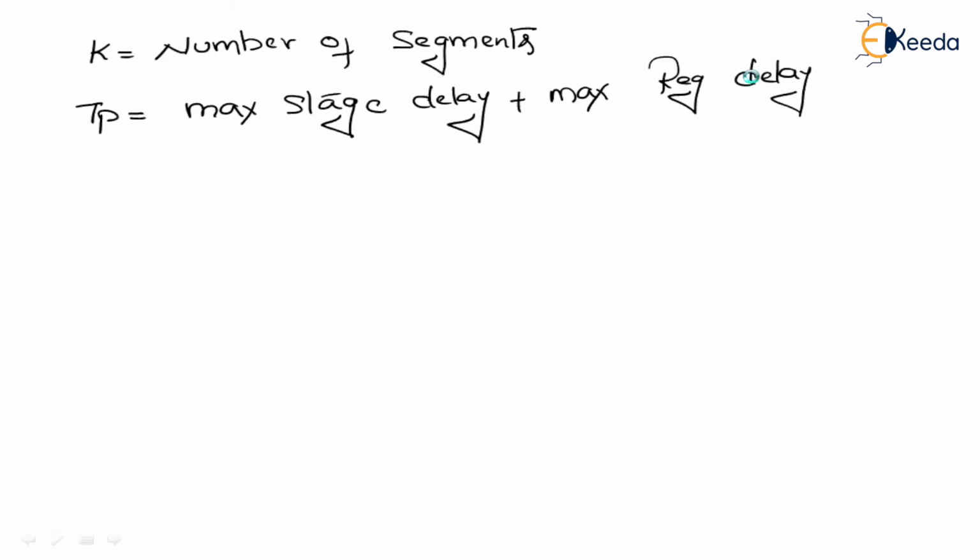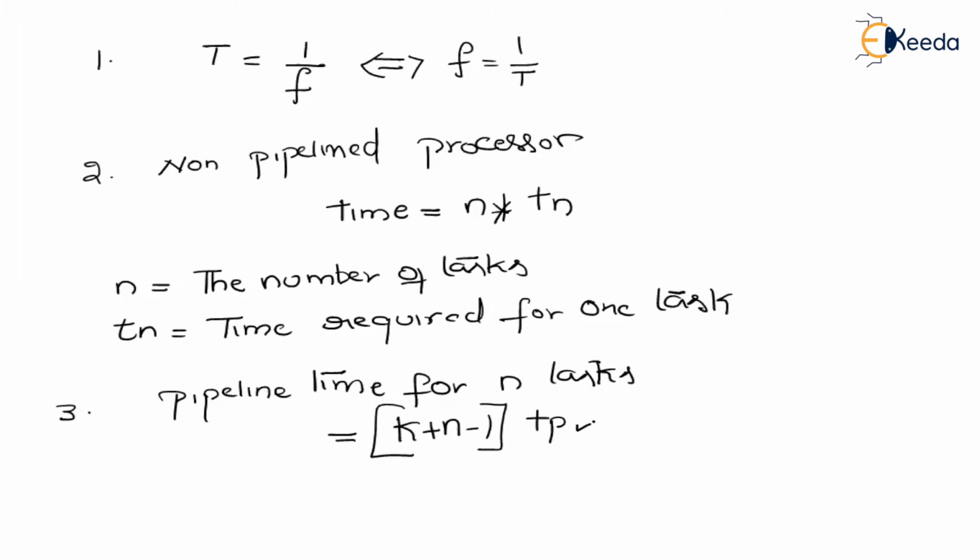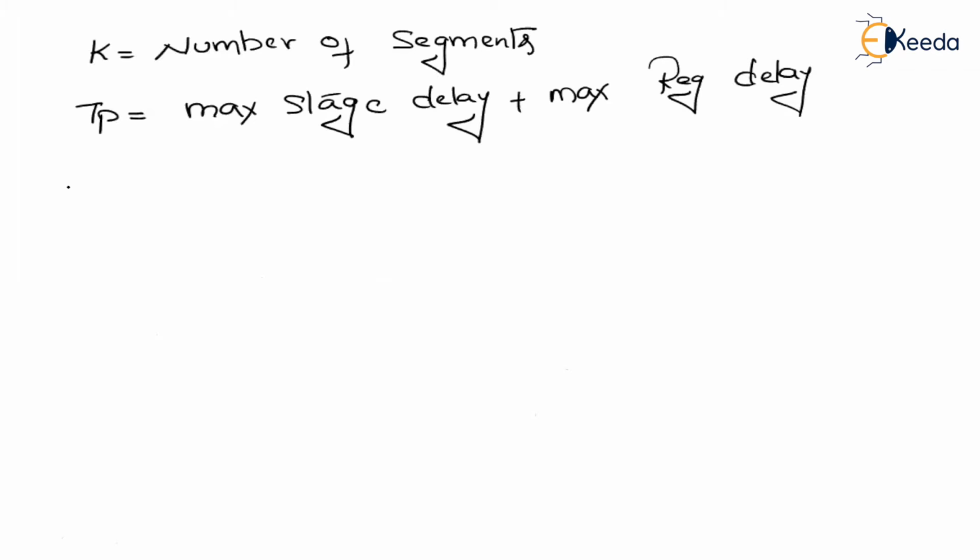So this (k plus n minus 1) into Tp is the time required for n number of tasks in a pipeline system.